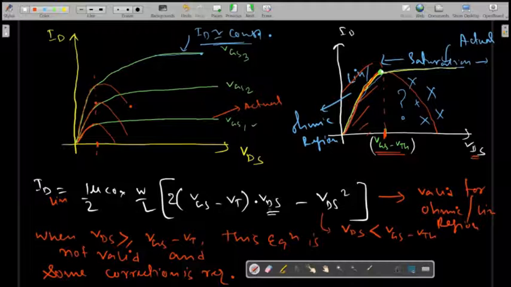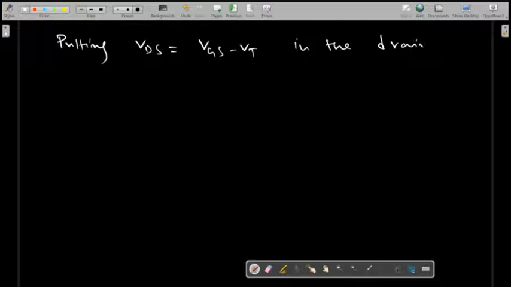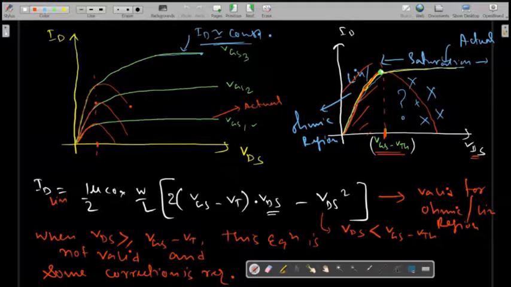So we put VDS equal to VGS minus VT in the drain current equation. Can you check what result we are getting? Just put that and tell me what result you get.